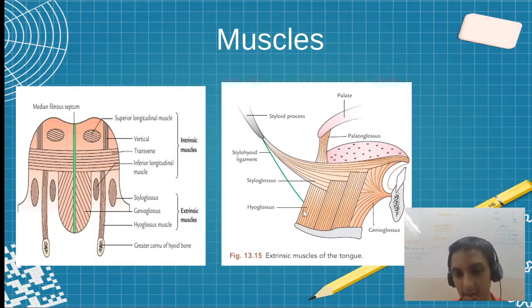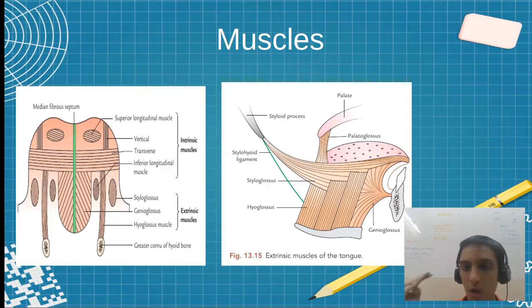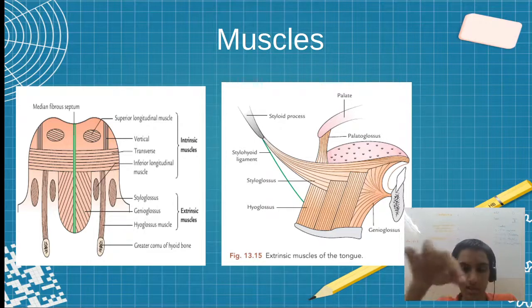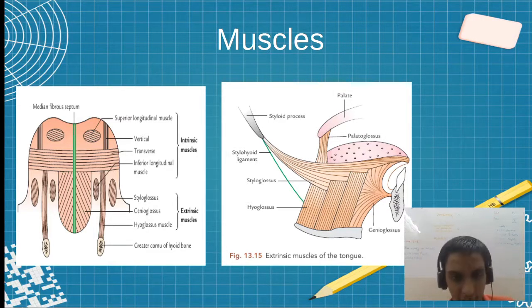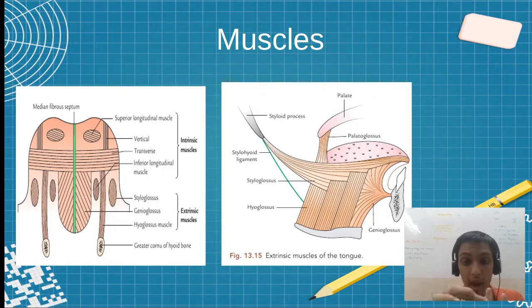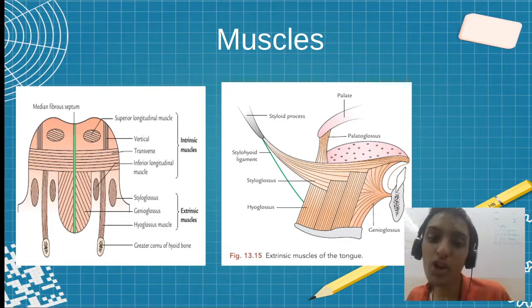So what are the muscles? There are extrinsic muscles and intrinsic muscles. Actually extrinsic muscles are more important. 4 muscles are there: stylo, hyo, palato and genioglossus. Simple mnemonic I give: SHPG. Stylo, hyo, palato and genioglossus.